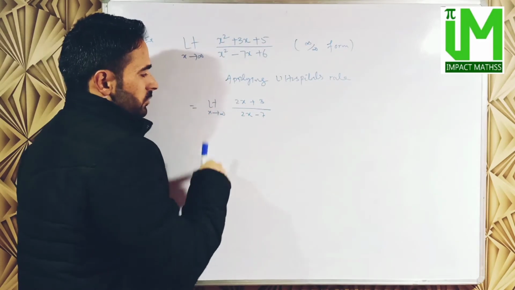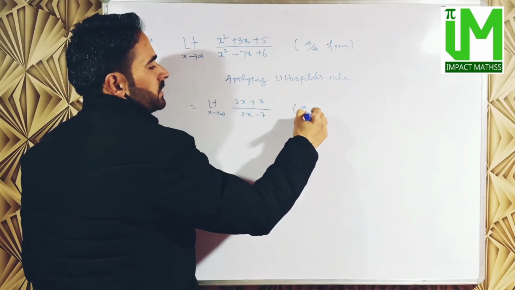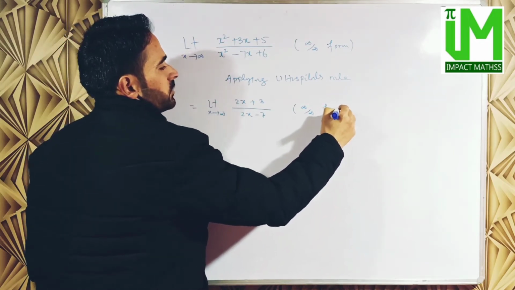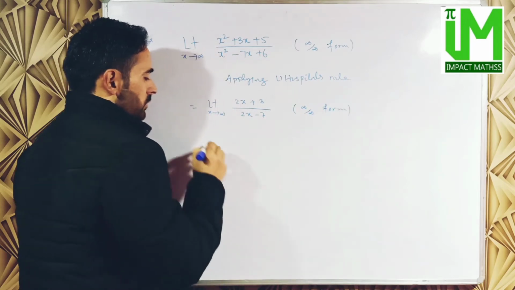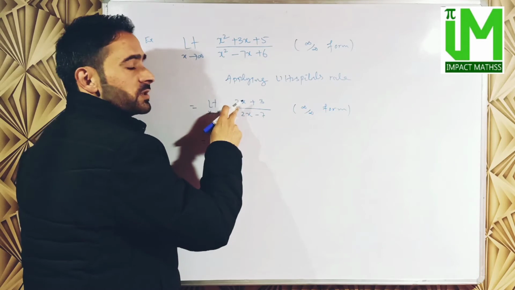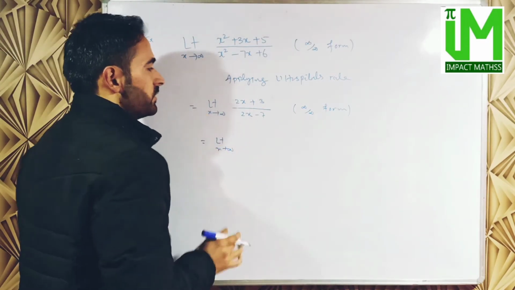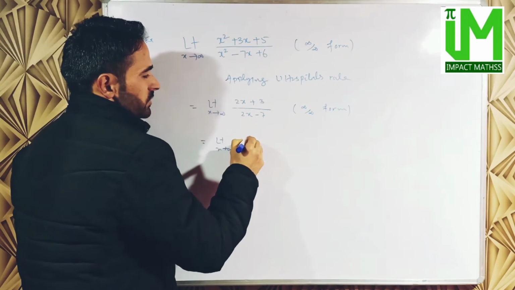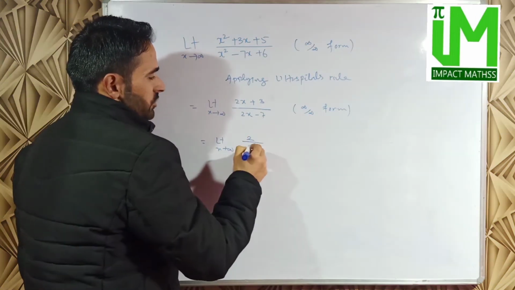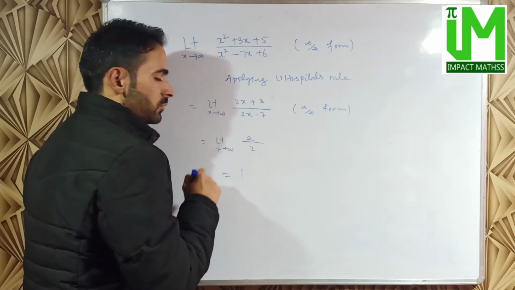Again we note that this is infinity by infinity form, thus we can again apply L'Hopital's rule. Differentiating the numerator and denominator again, it will be 2 divided by 2, which is 1. So the limiting value is 1.